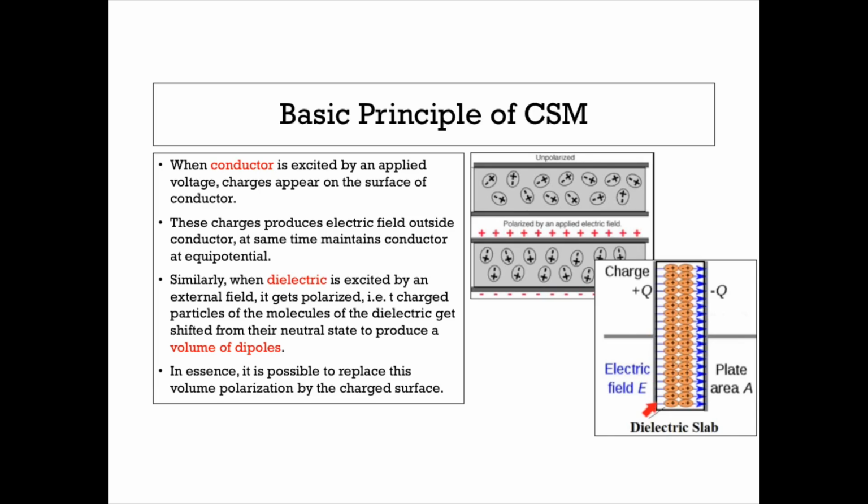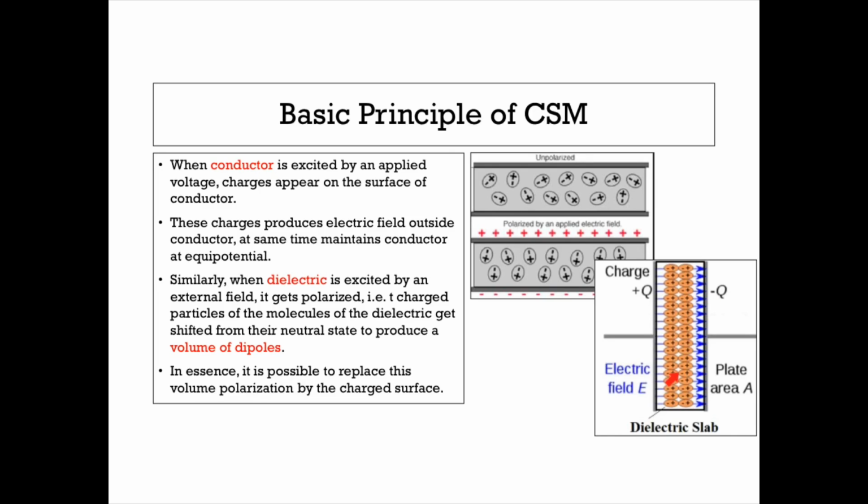You can notice that there are two plates of a capacitor and an electric field is applied. Because of this field, the molecules having positive and negative ions are separated, forming electric dipoles, and all these molecules are oriented in a specific direction with respect to the external field.